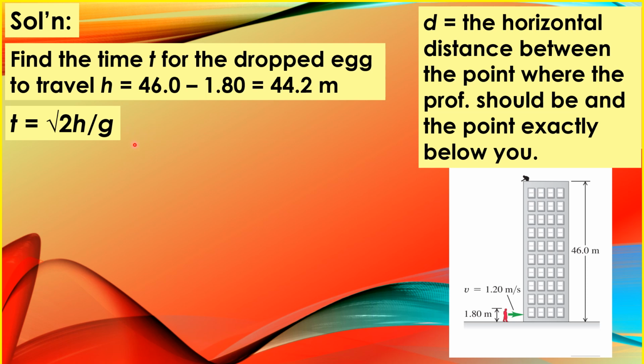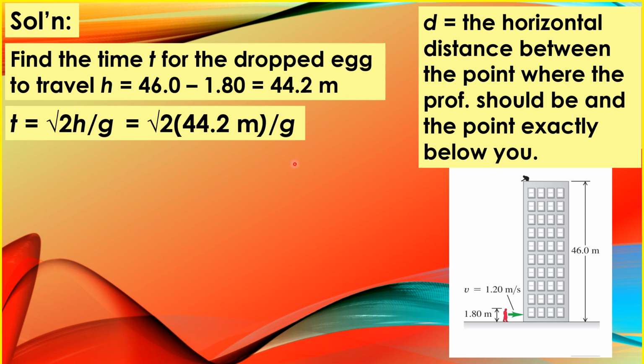Substituting our data, square root of 2 multiplied by 44.2 meters, and then divide by the value of g, which is 9.80 meters per second squared. Doing our math, we will get time t equal to 3.00 seconds in three significant figures.